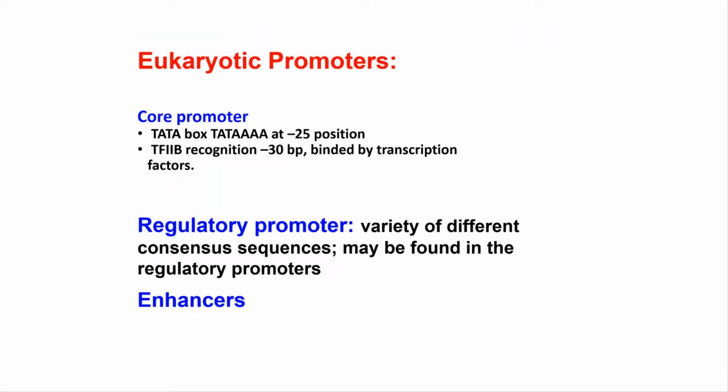As you recall, the eukaryotic transcription system contains three different RNA polymerases which transcribe different classes of RNA and recognize a different type of promoter.